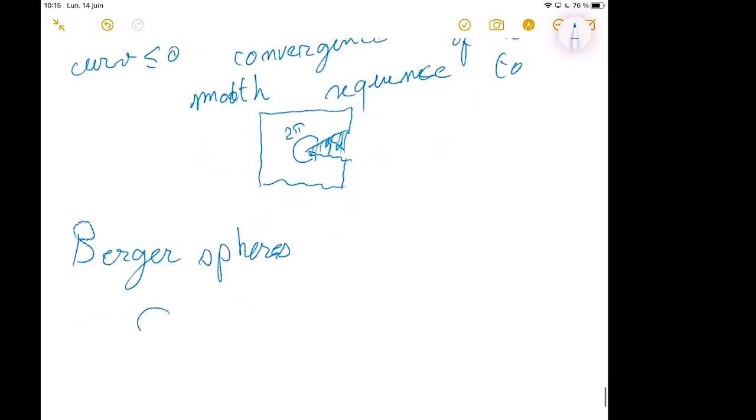So consider S3 and see it as the set of unit norm quaternions.